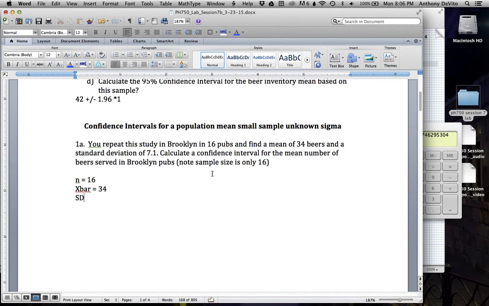And what is my standard deviation equal to? 7.1. However, my sample size is small. But I still have to calculate a standard error, and I don't know what it is for the population.